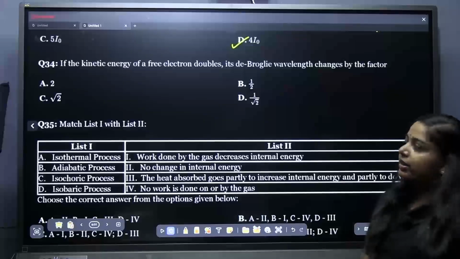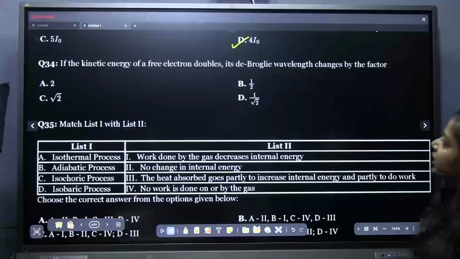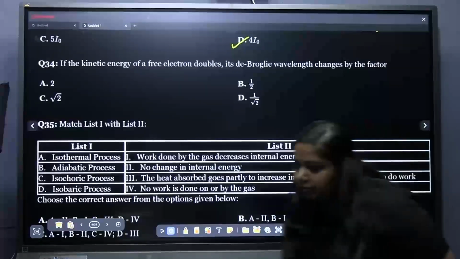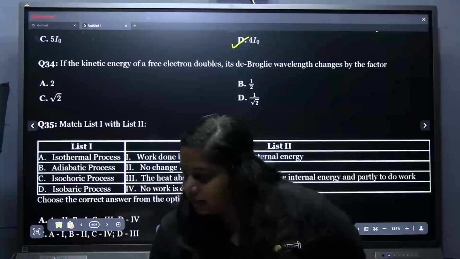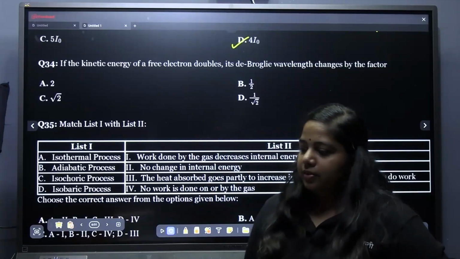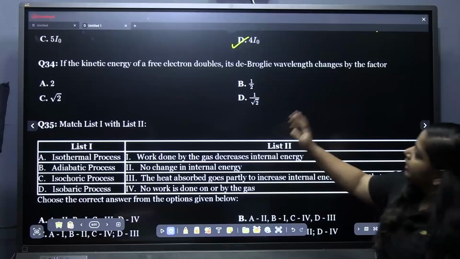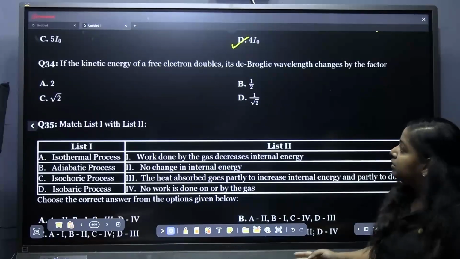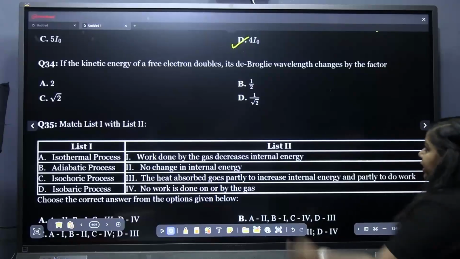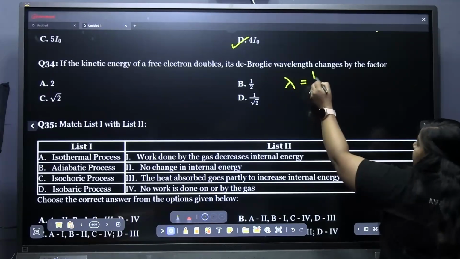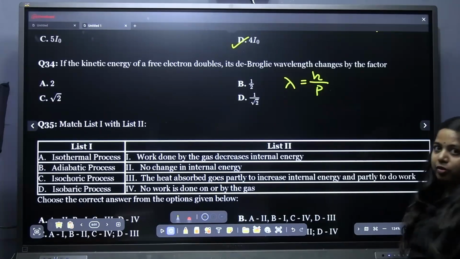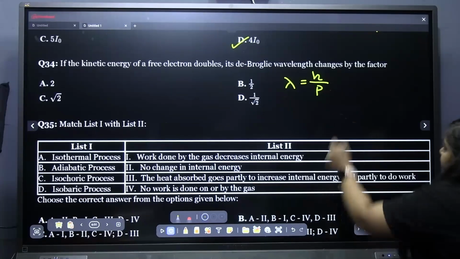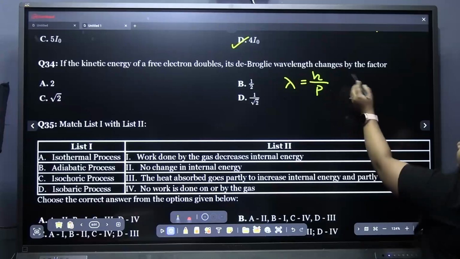Next question 34. If the kinetic energy of a free electron doubles, its de Broglie wavelength changes by a factor of what? De Broglie wavelength lambda is equal to h by p. This is our formula. But they have given kinetic energy, right? So we have to write the formula in terms of kinetic energy.